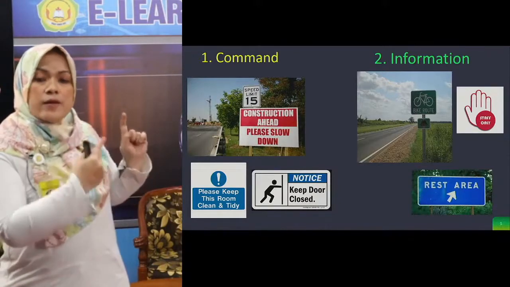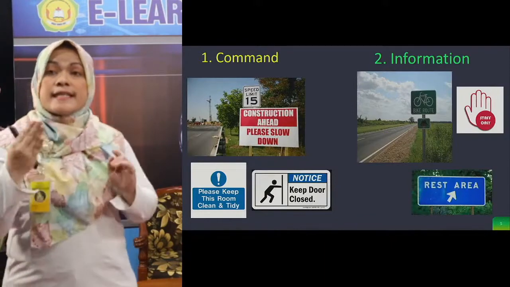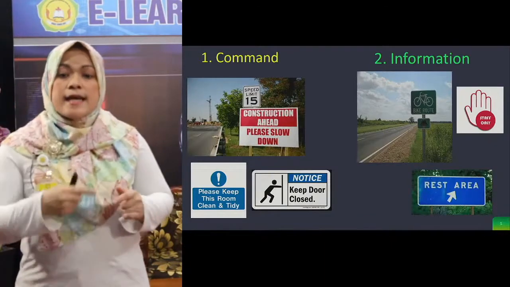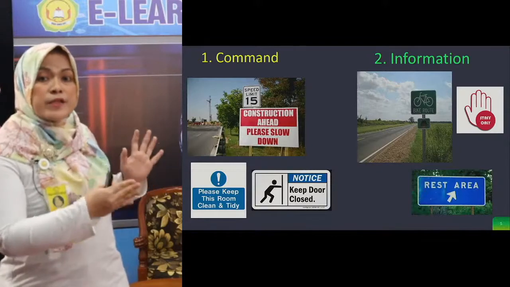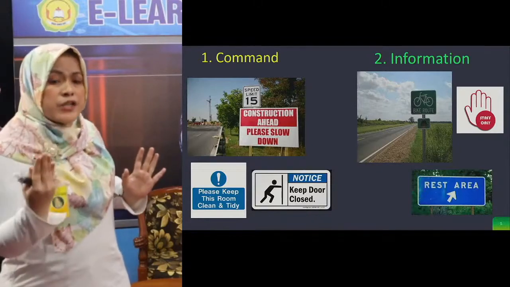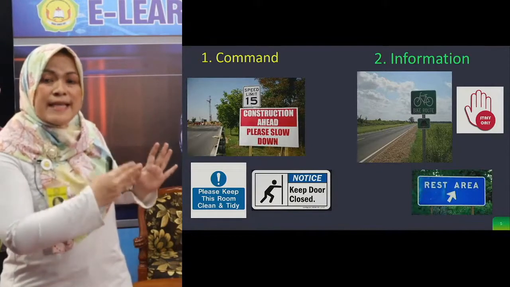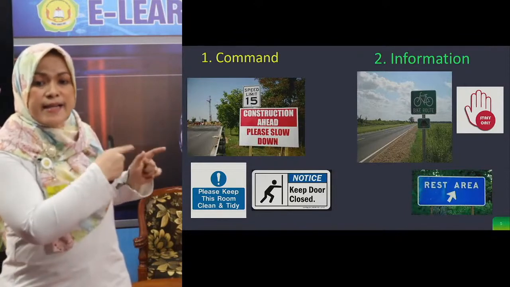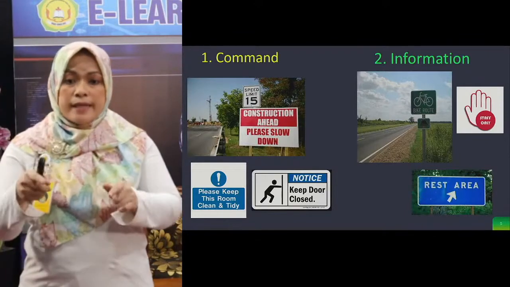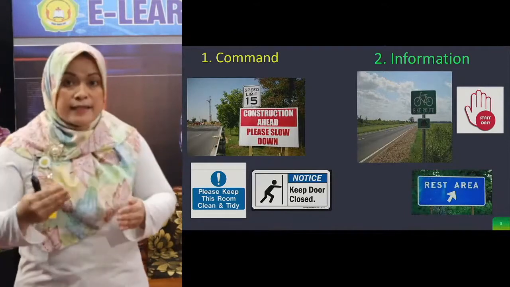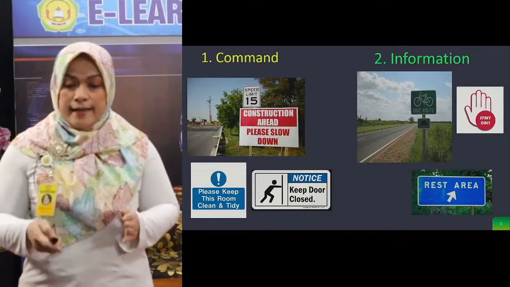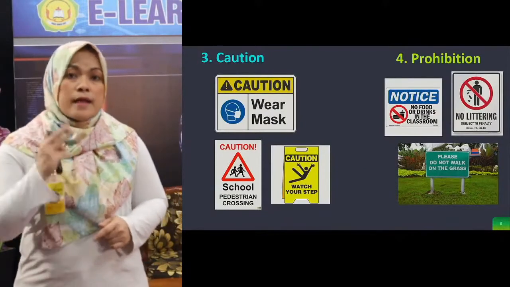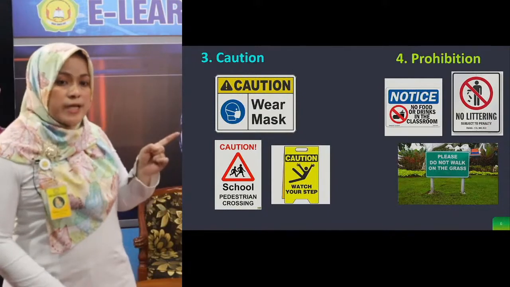When you see the notice of information, it is kind of like you are seeing a sign of something, but you actually know what is in the sign. So you know the meaning in the sign and you get the information based on the sign. There you go again. Number 3 is caution.